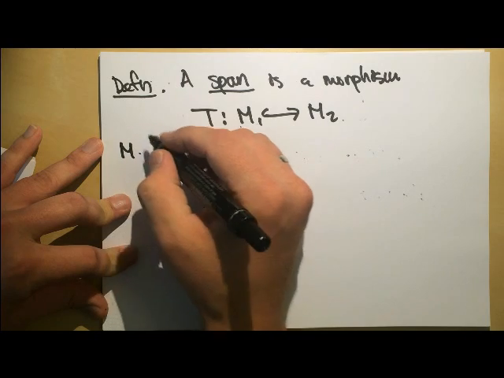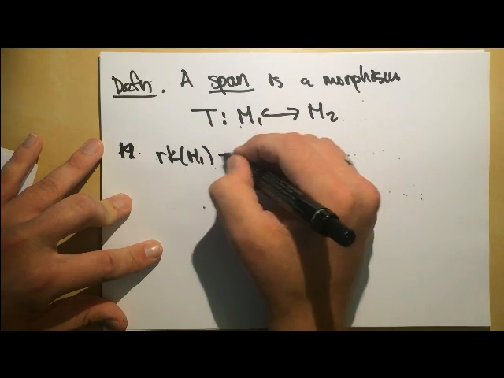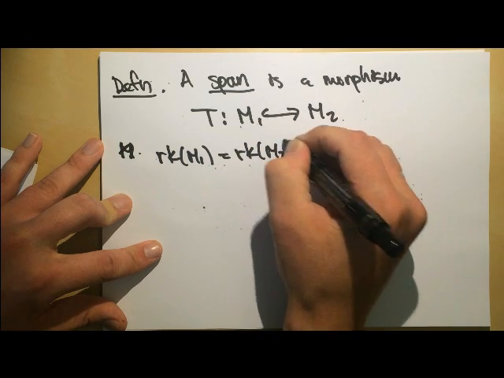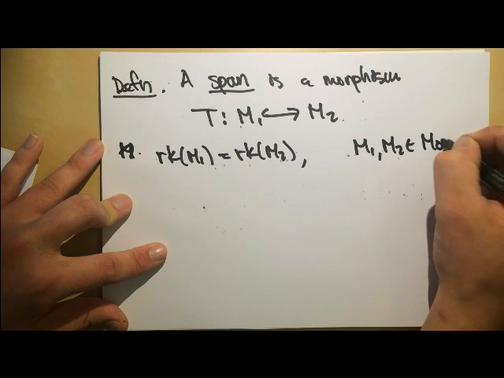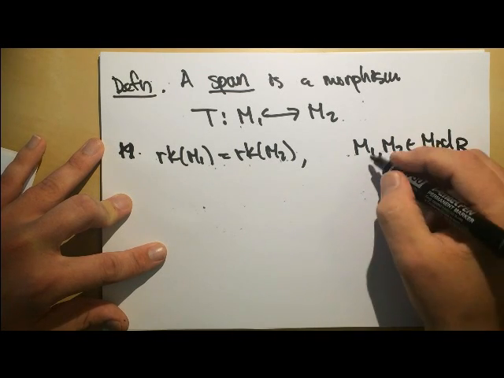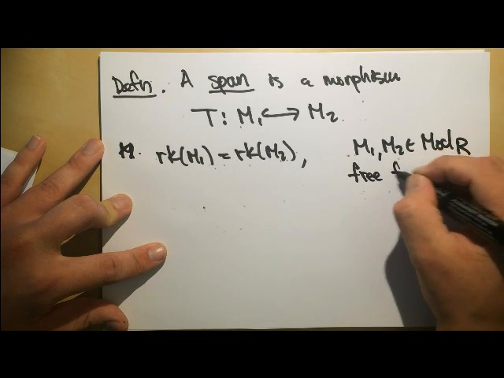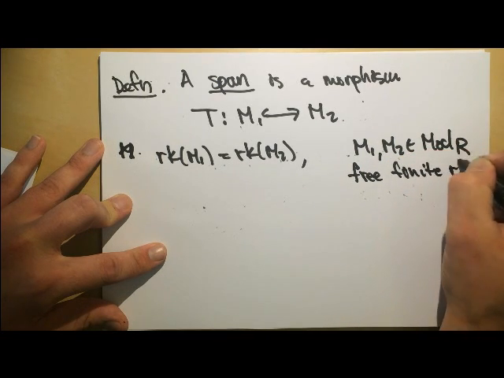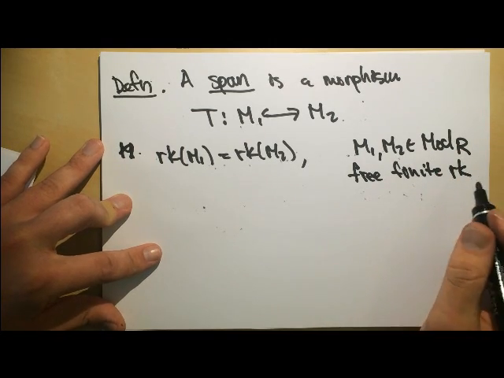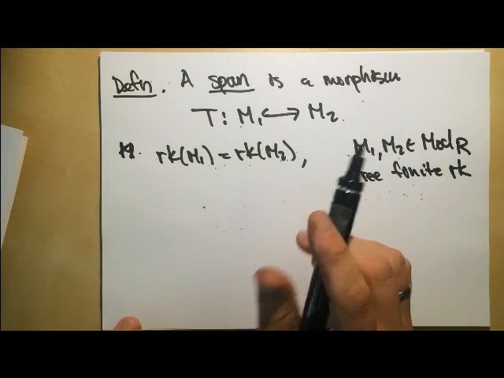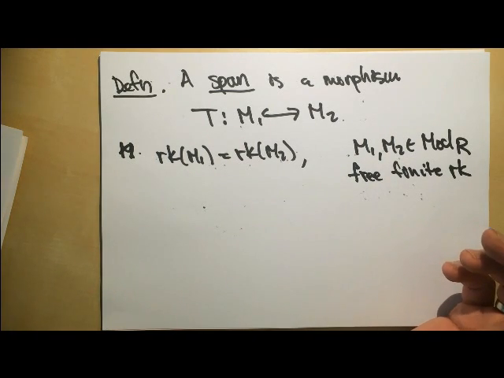M1 and M2, the rank of M1 is going to be the rank of M2. Here M1 and M2 are modules that are going to be free and of finite rank. So they're just going to be like a direct sum of copies of R, isomorphic to a direct sum of copies of R. And so yeah, this is an injective morphism of free modules of finite rank.